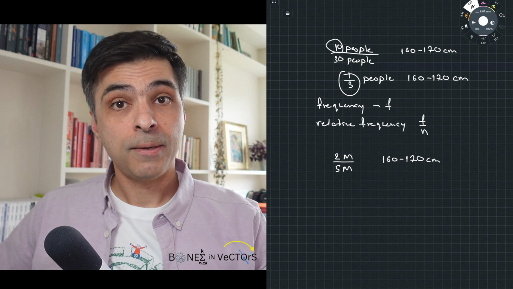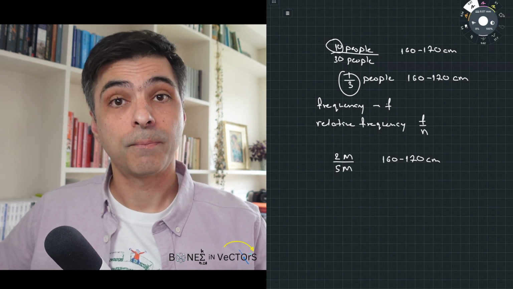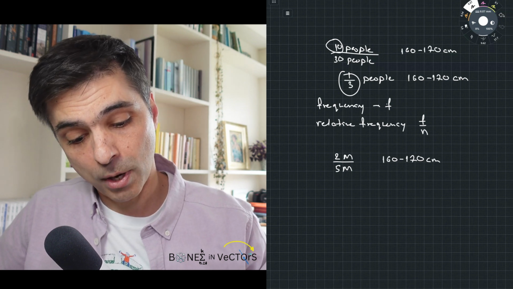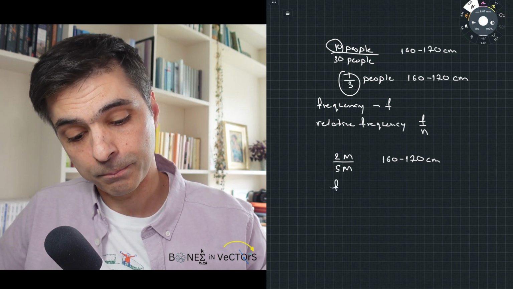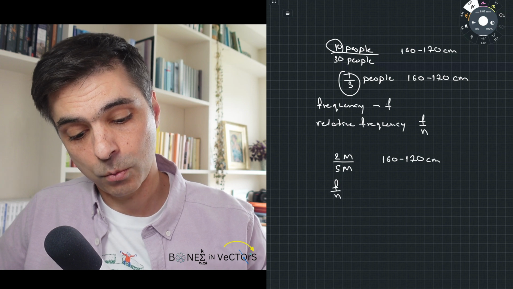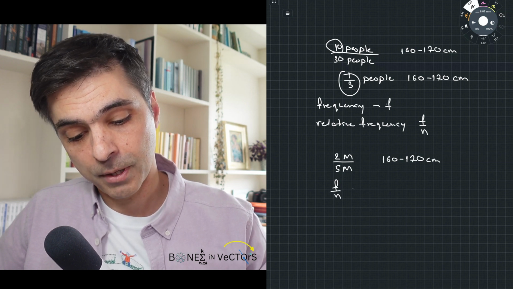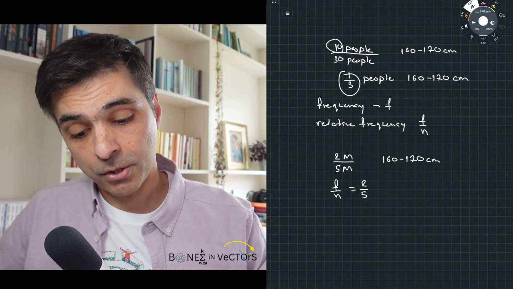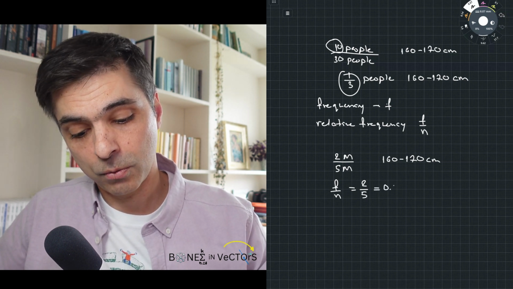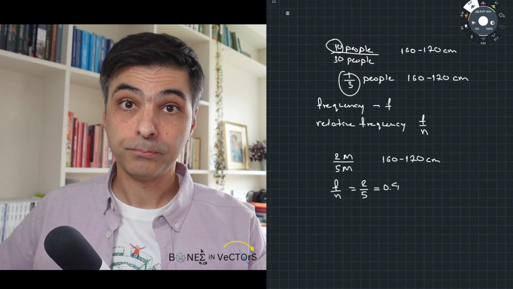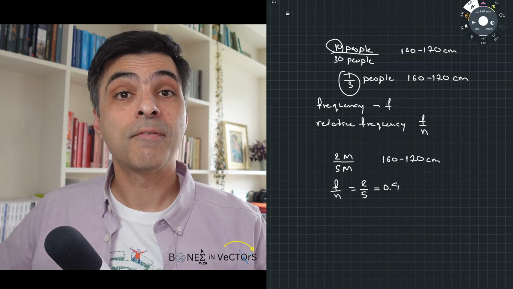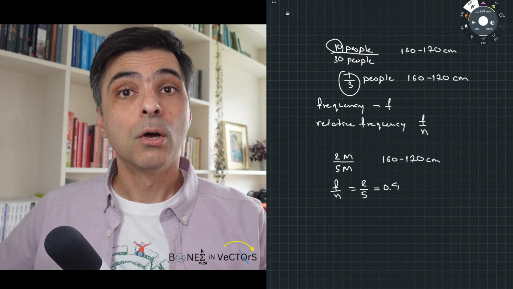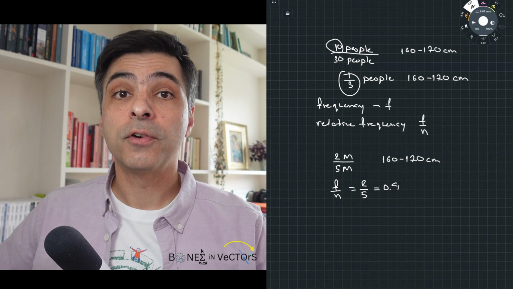We can now say that the relative frequency of the height 160 to 170 is 2 out of 5. So F divided by N, which is the relative frequency, is 2 out of 5, which equals 0.4. Now, because we have a very big sample, 5 million is a very big sample, we won't call this the relative frequency anymore.